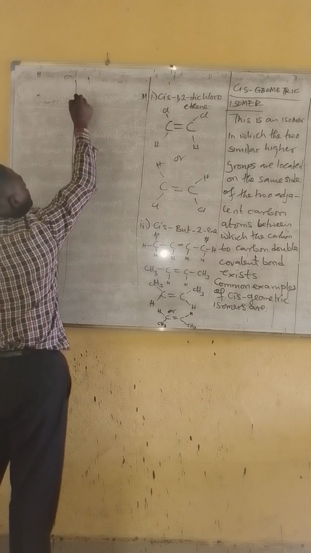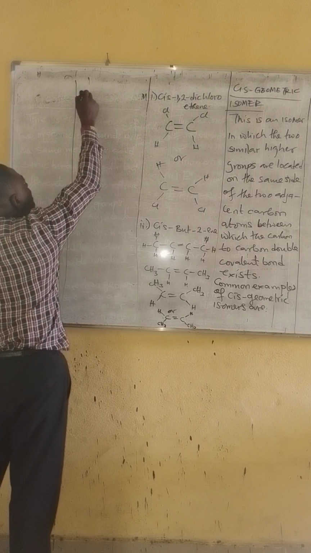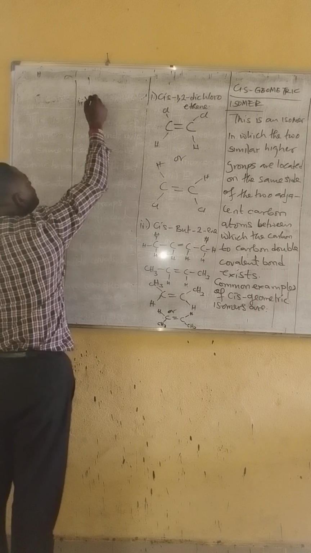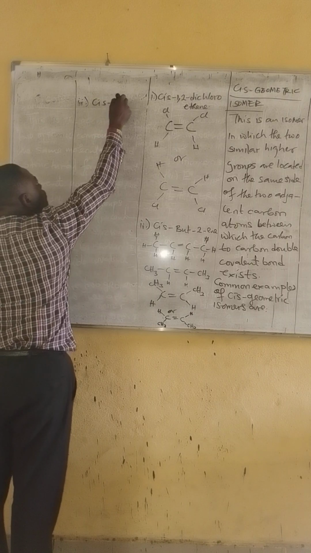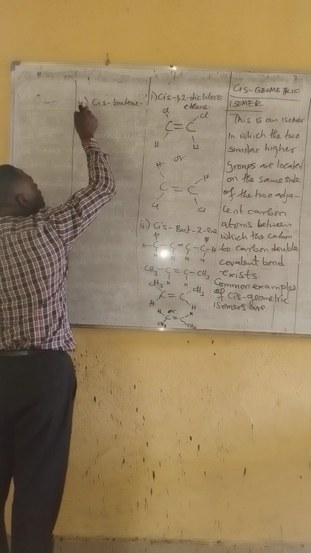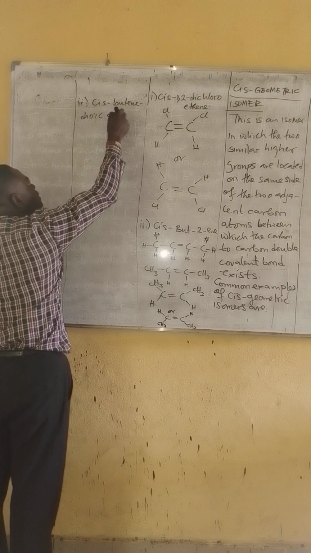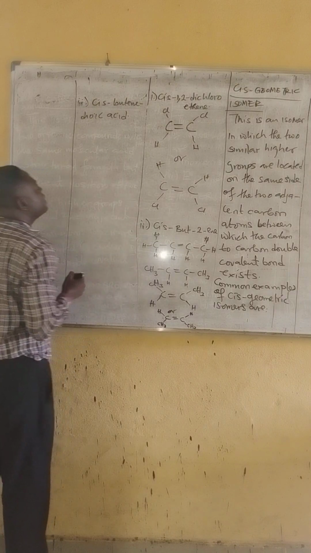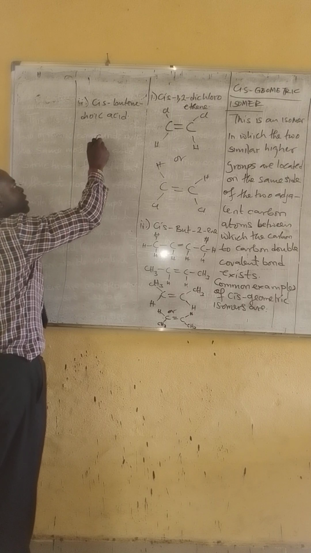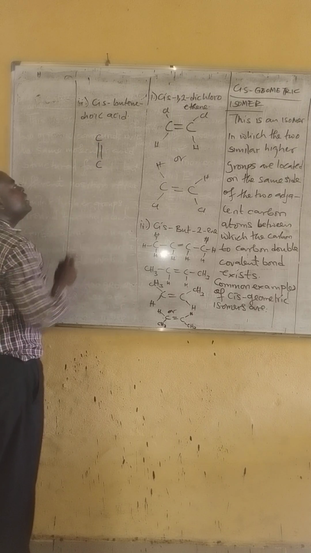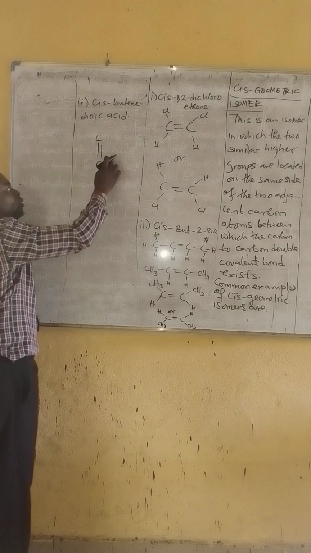Okay, number 3. We can also have cis-butene-dioic acid. That one, the first condition is that there must be two carbon atoms having a double bond.